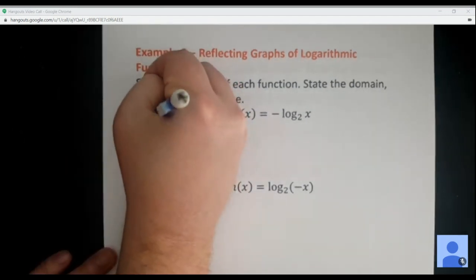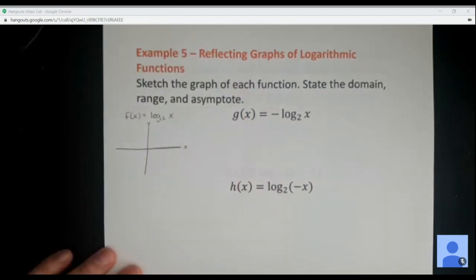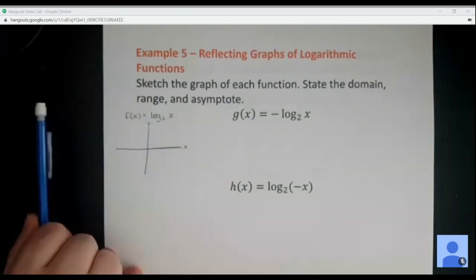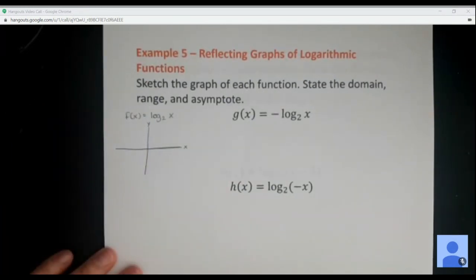So are there any points I could put on that graph? Are there any asymptotes I could put there? So 0 and negative numbers are undefined, right? So there's not going to be anything from the y-axis and to the left, right? Everything on our graph is going to be to the right. What else do we know about our graph?